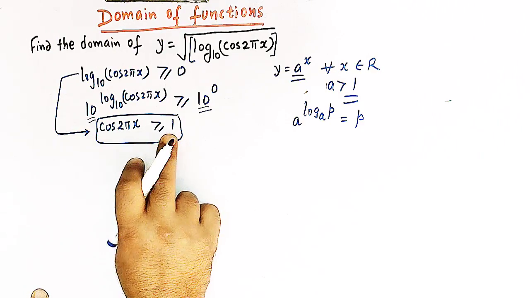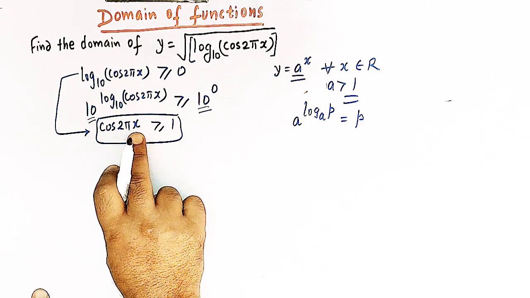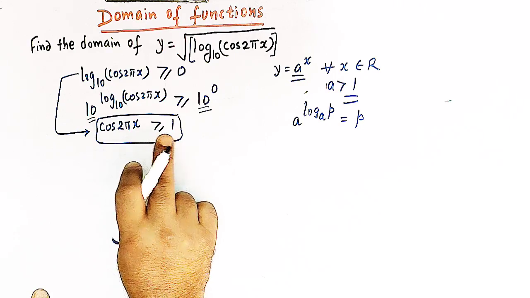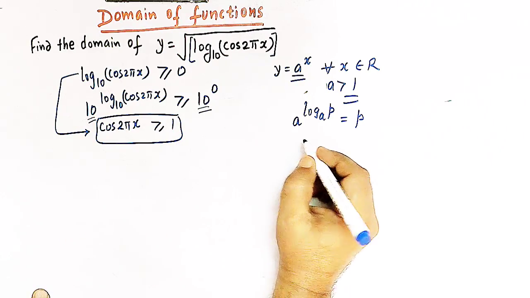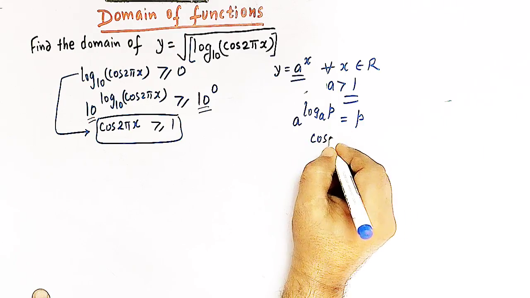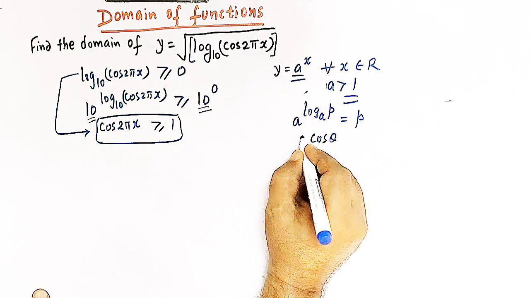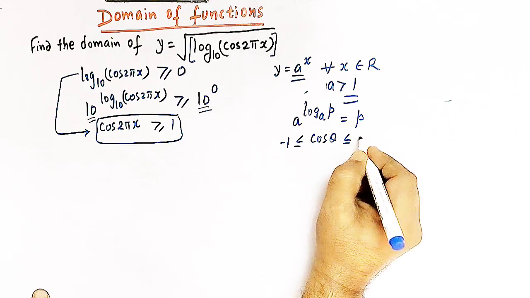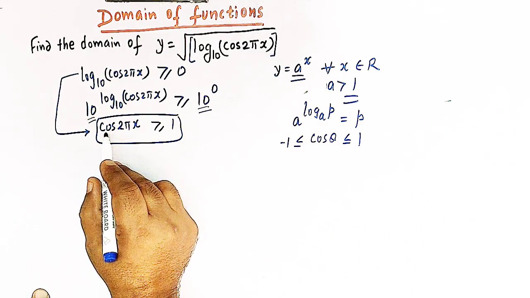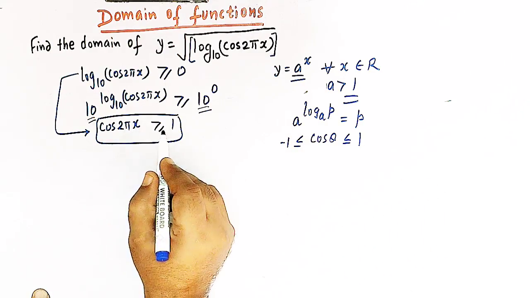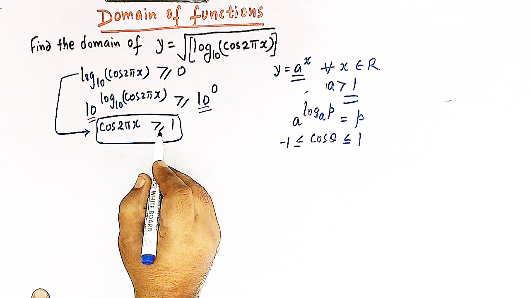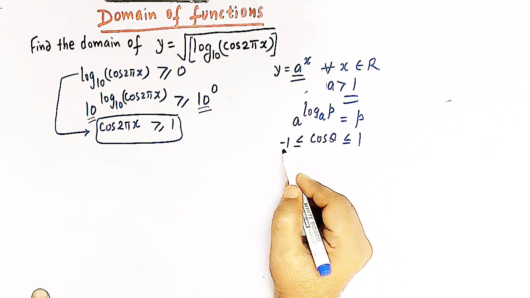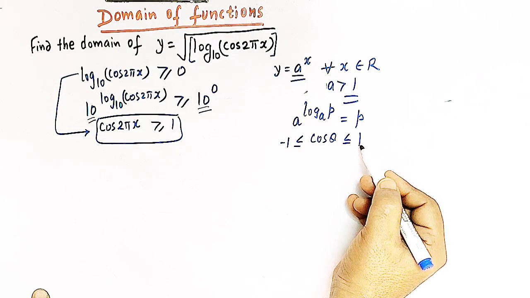So now this inequality says that cosine 2 pi x should be greater than or equal to 1. And from trigonometry, we know that cosine theta lies between -1 and 1, right? So here cosine 2 pi x cannot be greater than 1, and it has to be equal to 1, because cosine theta lies between -1 and 1, right?